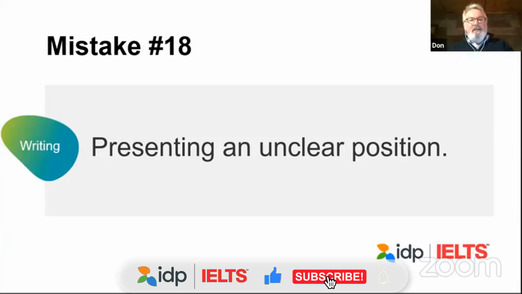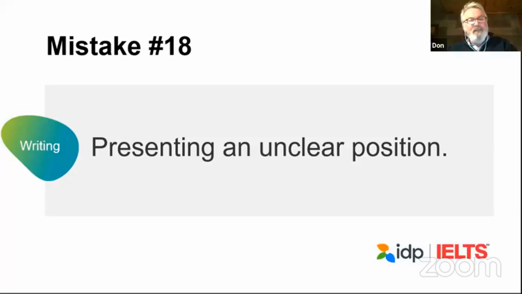Mistake number 18, presenting an unclear position. Now, this is something that happens a lot in task 2 writing. In task 2 writing, one of the assessment criteria is that a position is presented that is clear. What does it mean? Well, a position means what you think.